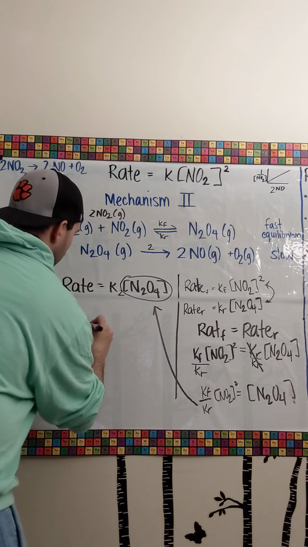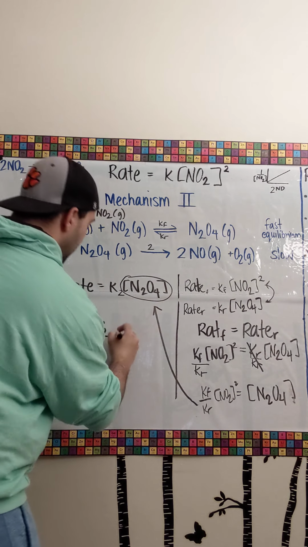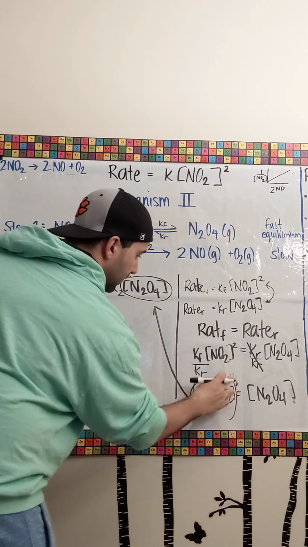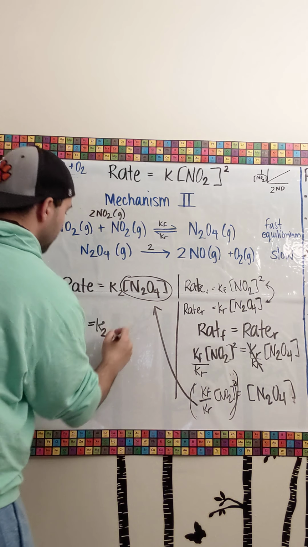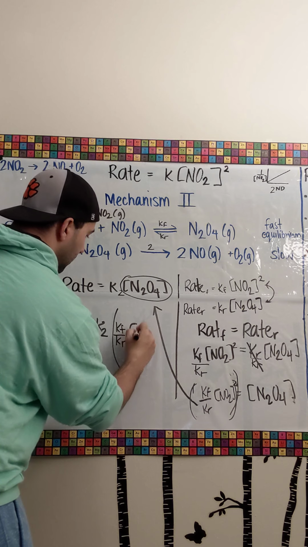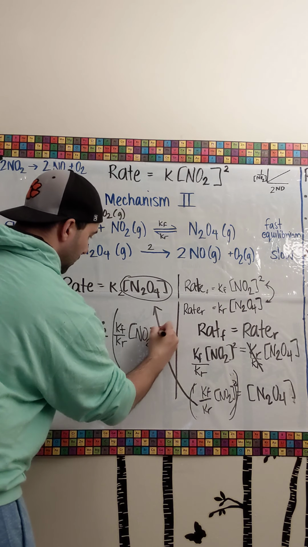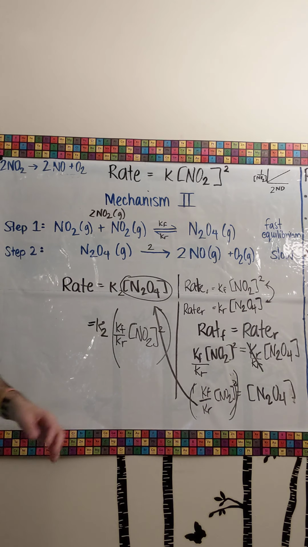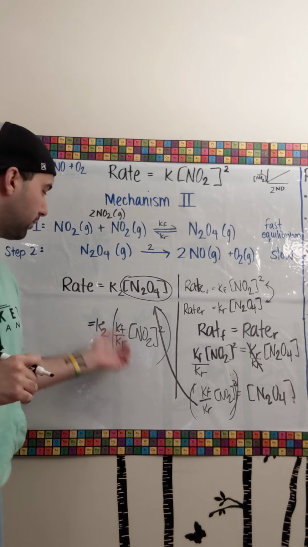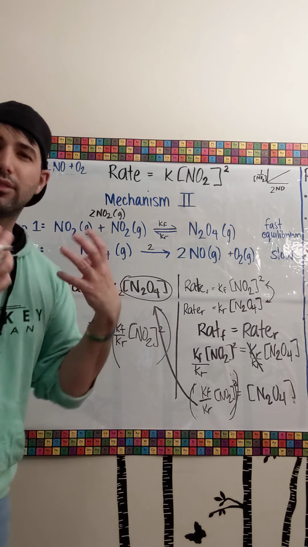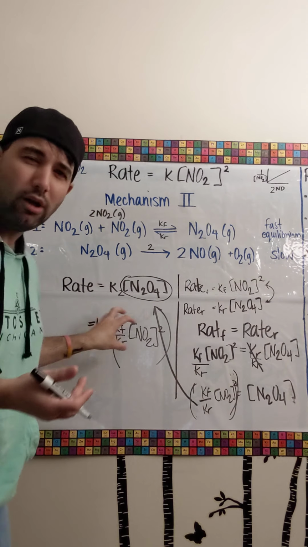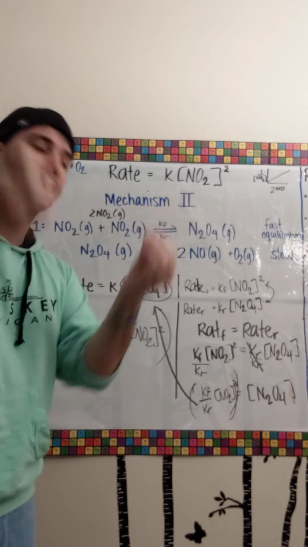Plugging and chugging it in, I'll have K2, and then I'll put this whole thing in here. Oops, I don't want to get rid of the 2. And so now this will be Kf Kr NO2 squared. Now the complicated thing here is that I have K2, Kf, and Kr multiplied all times NO2 squared. These are constants. So remember, in algebra or in any type of math class, you are allowed to combine like terms or combine constants.